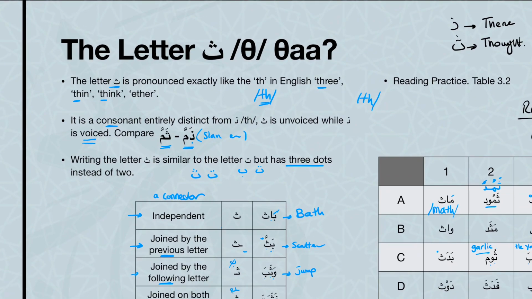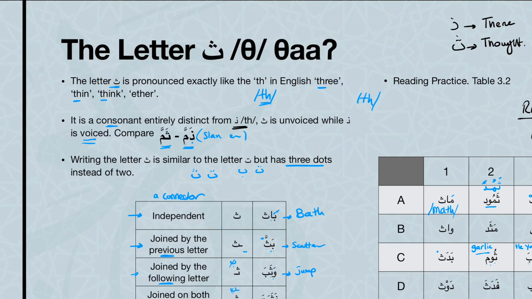Now, if we look at it from a sound point of view, the whole trick between the two is, one, as we said, your voice box vibrates when you say it. So if you say the word "there," you'd notice that when you're pronouncing it, your voice box vibrates, while in the other it doesn't.